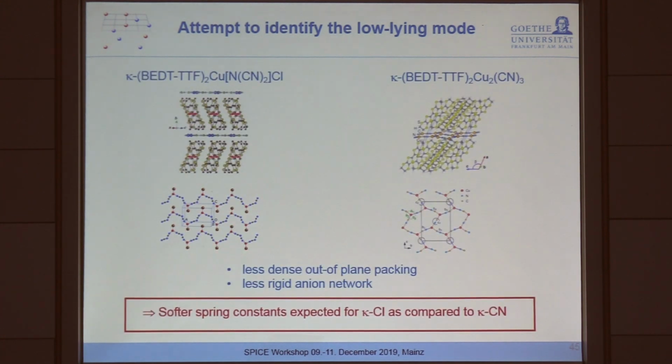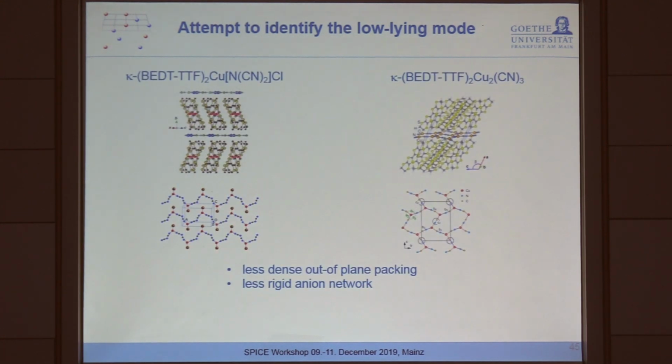If you look at the structure here, the differences refer to two aspects. One is that in this compound the molecules have this alternating stacking, which is absent here. As a result, these molecules are loosely packed in the out-of-plane direction. And another important aspect is the anions.